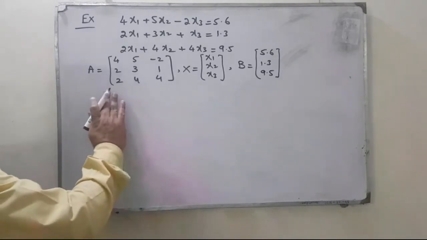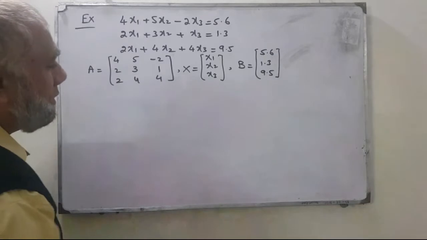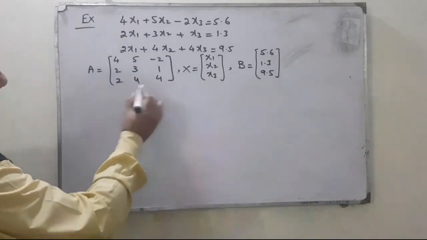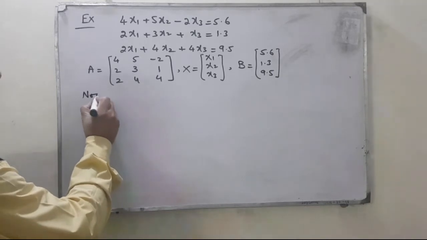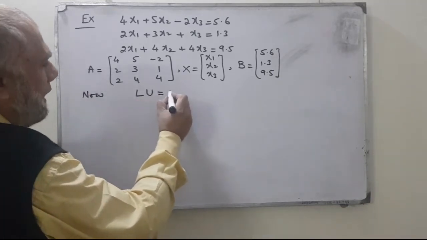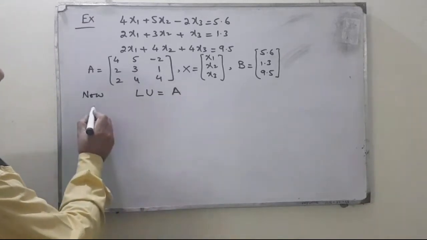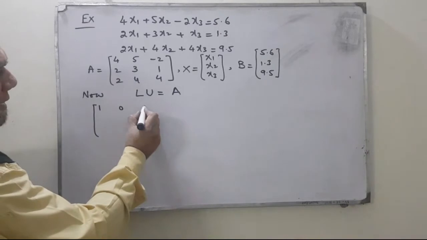After that we have to decompose A into the LU form, the product of L and U. So here we start from the equation LU equals A, where L, we already know, is a unit lower triangular form.